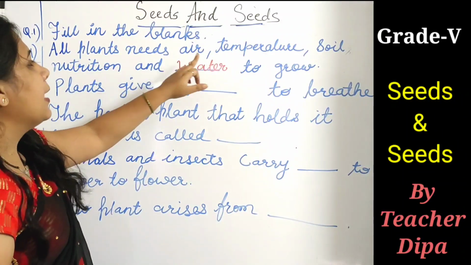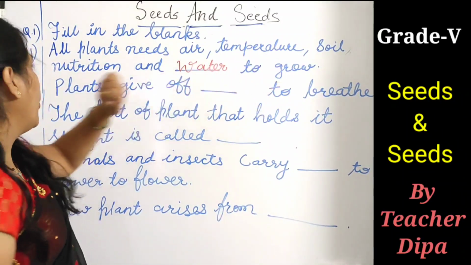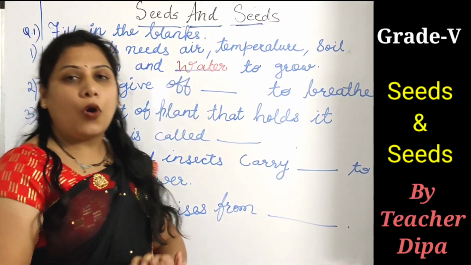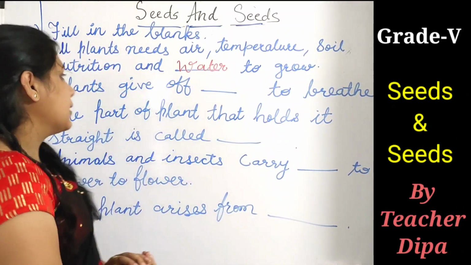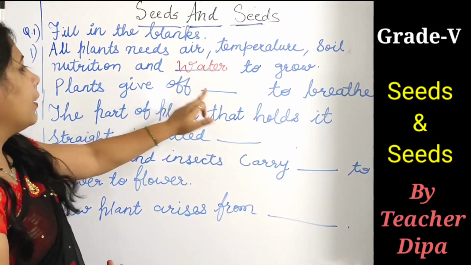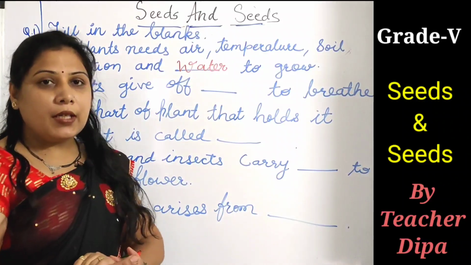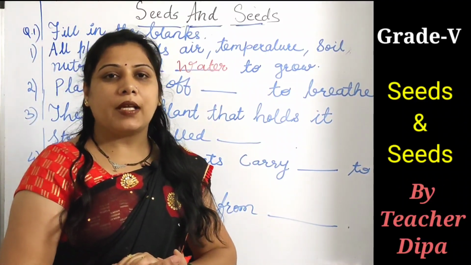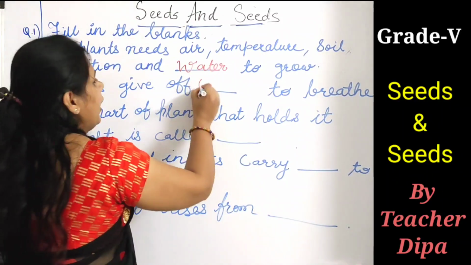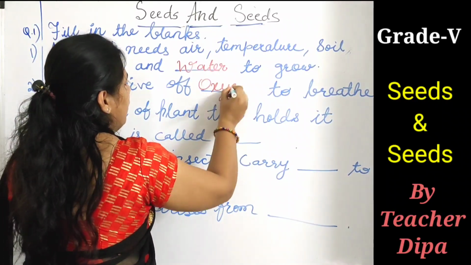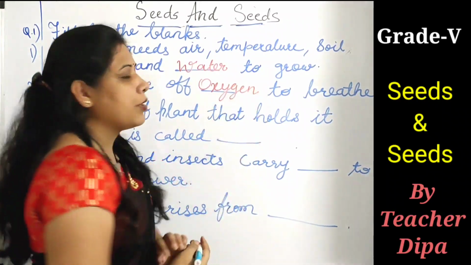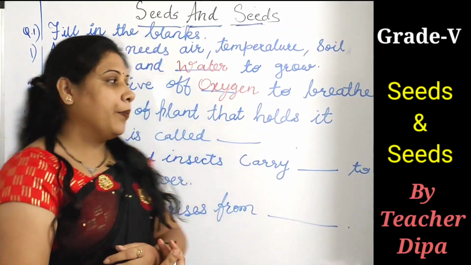All plants need air, temperature, soil, nutrition and water to grow. Next is plants give off dash to breathe. Now which substance are plants giving off? The answer for that is oxygen.